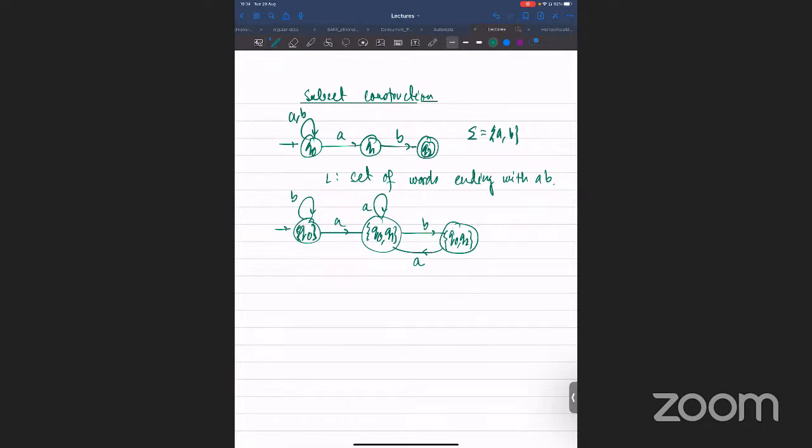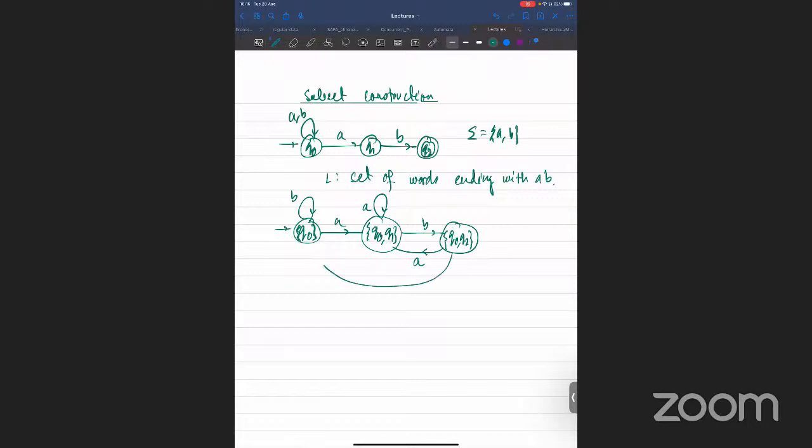I'm going to define that formally. As was said, from Q0 on an A transition you can go to both Q0 and Q1, and from Q2 there is nothing defined. So you come to this step. Right. And now what happens if I read a B?